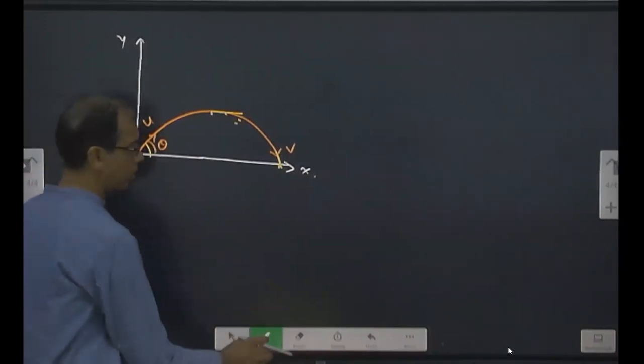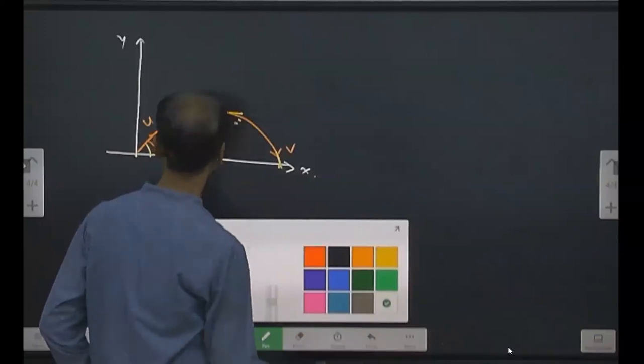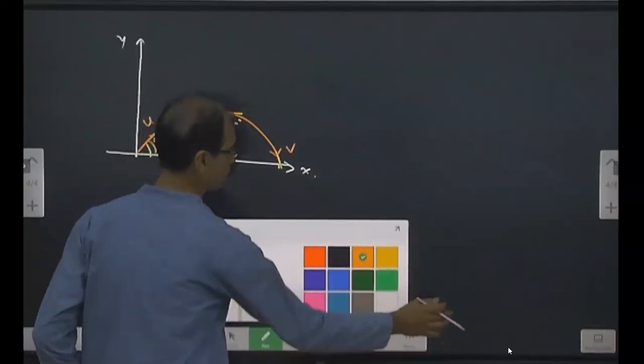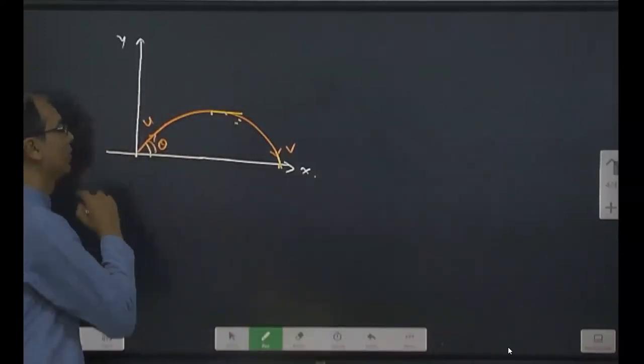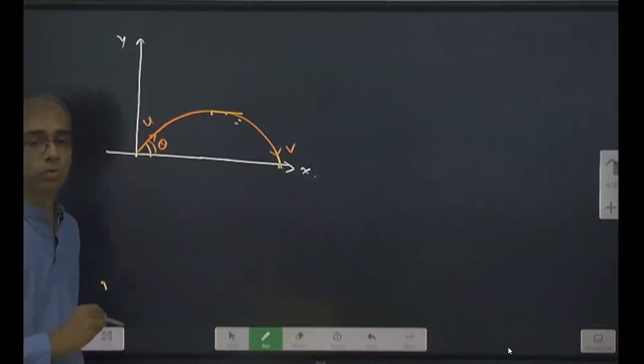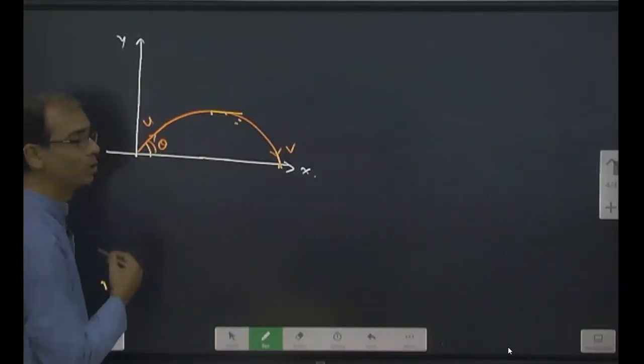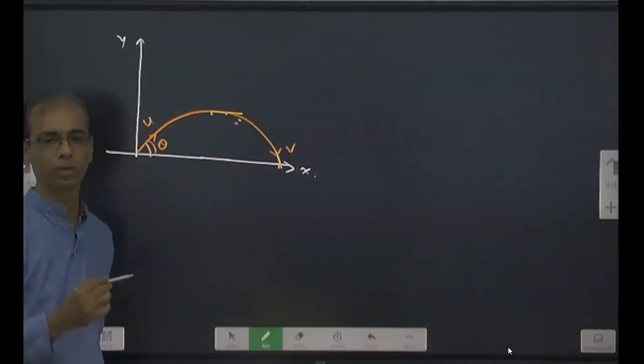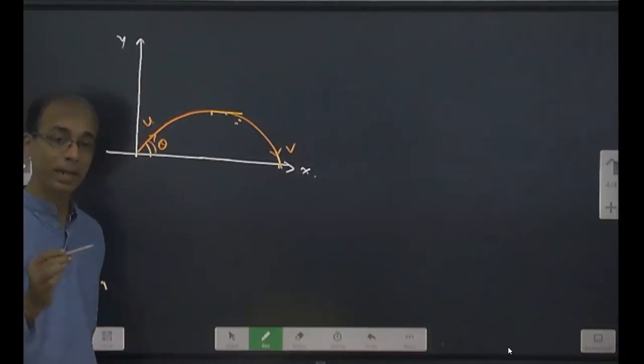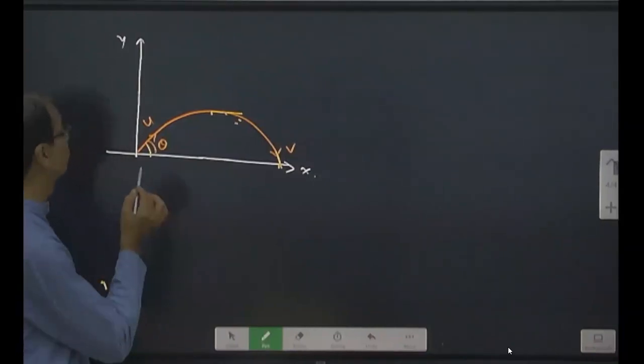Fine. So let's come on to the basic things about projectile. Initial velocity: we have thrown the particle with speed u, and this speed u is making an angle with the horizontal. It is traveling along horizontal also and vertical also.